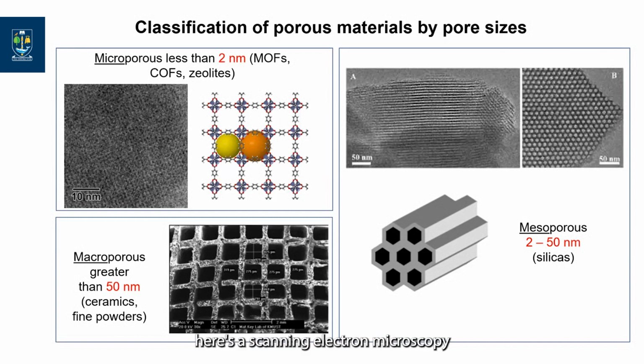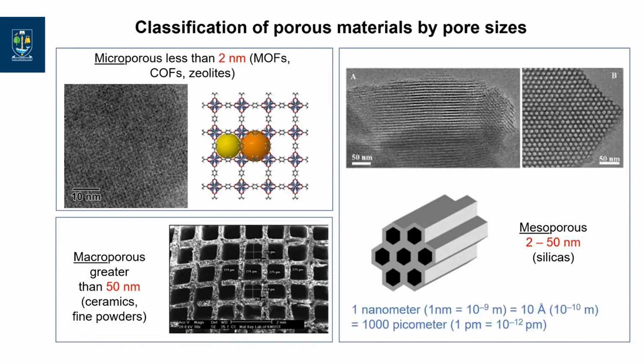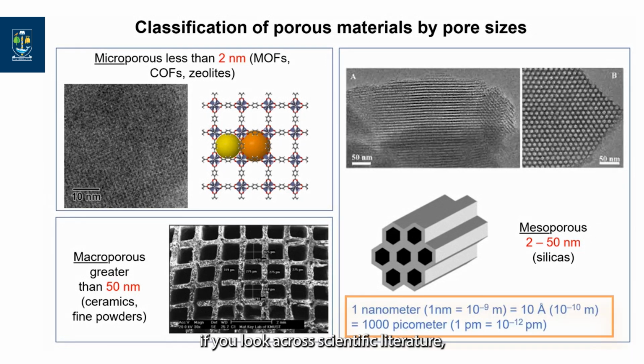For example, here's a scanning electron microscopy image of silicon etched with laser beam lithography to give a highly regular macroporous structure.